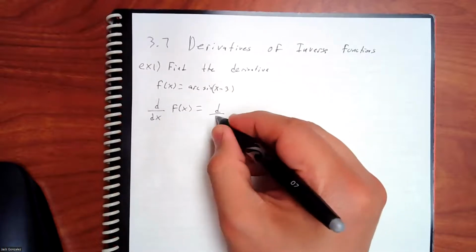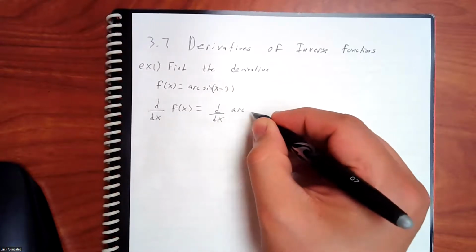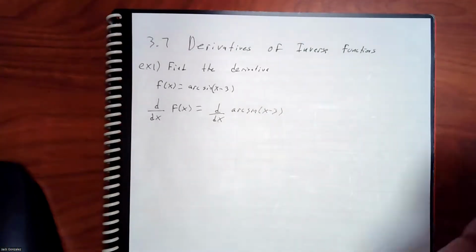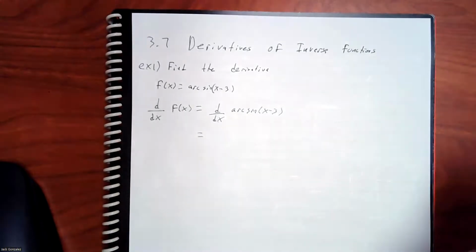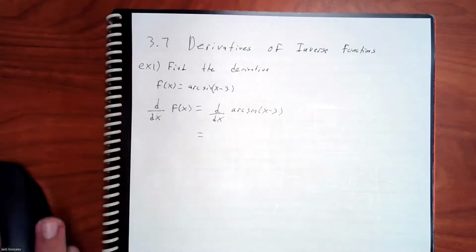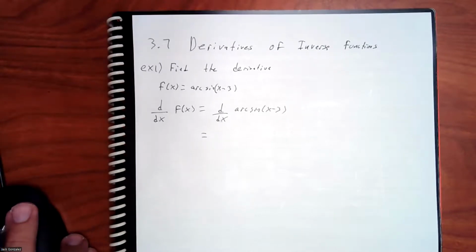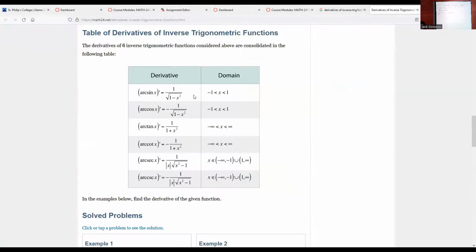the formula says 1 over the square root of 1 minus x squared.